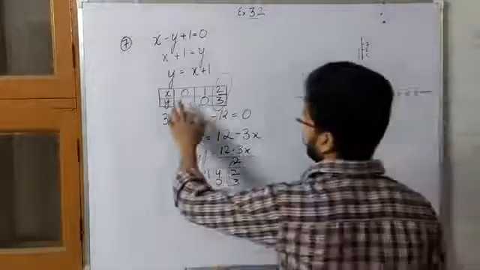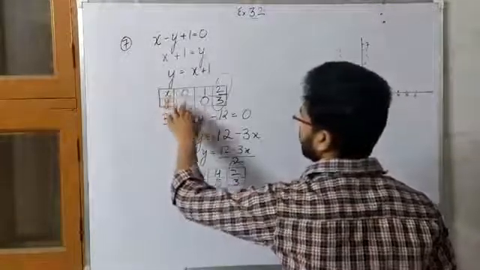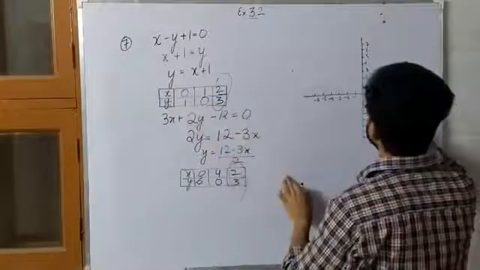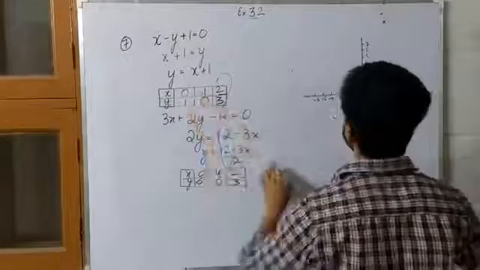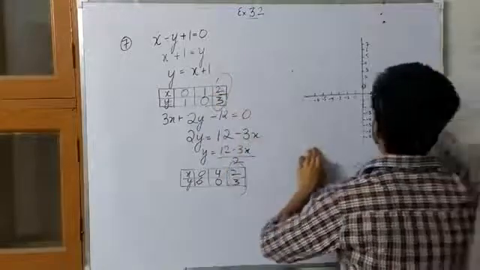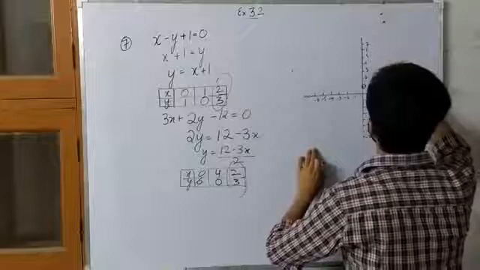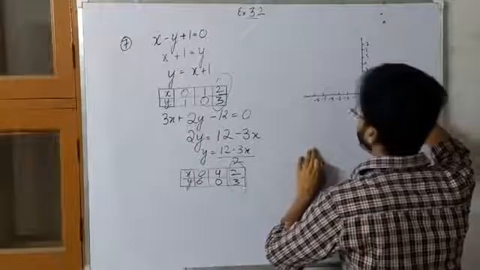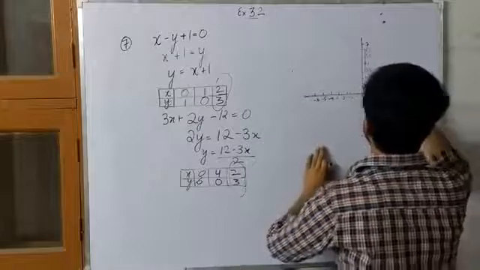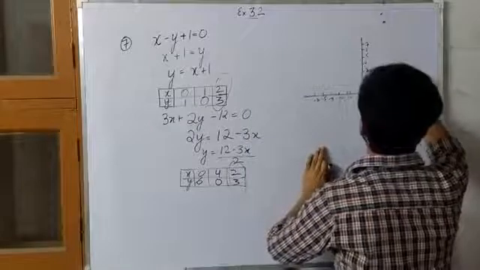Okay, now let's plot this point. X is 0 and y is 1, so this point will be on the y axis. Second is 1, 0, so this point will be on the x axis, and the point is 2, 3, so x is 2 and y is 3. This point will be approximately here.